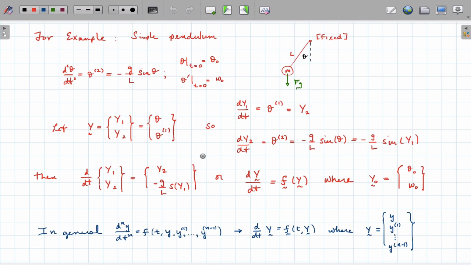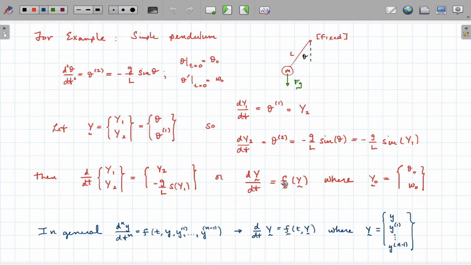So when everything is said and done, we've now got a system of first order ordinary differential equations that's coupled, meaning that to know how y1 changes, I need to know what y2 is. To know how y2 changes, I need to know what y1 is. So it has to be integrated simultaneously. This is exactly like the SIR model, where we're going to use this variable f, a vector valued function, to talk about the derivatives.